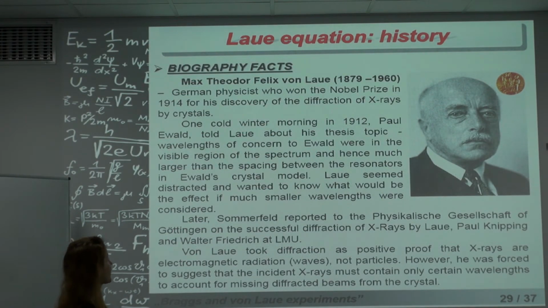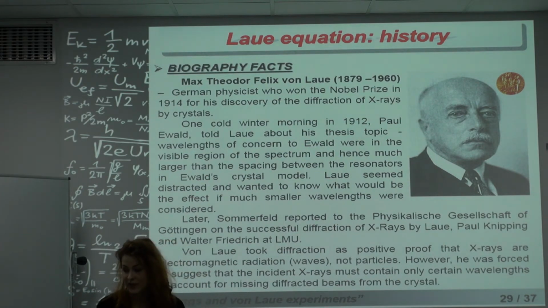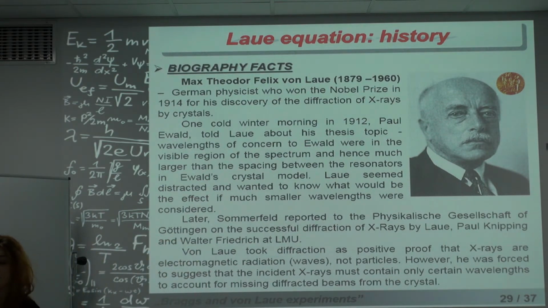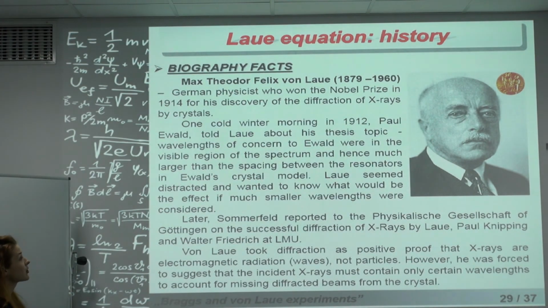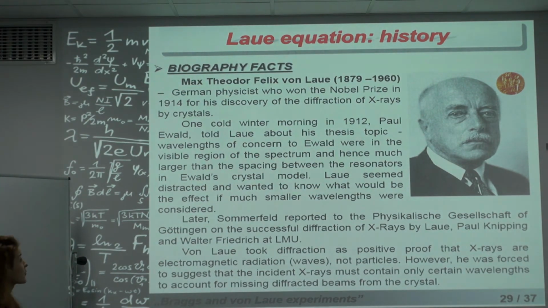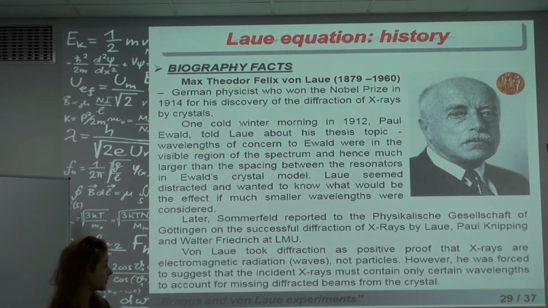Just a quick overview of the experiments that were done by Max Theodor Felix von Laue. This is one more German physicist who was also doing experiments in the field of X-ray diffraction with a crystal, and he won the Nobel Prize for the discovery of the diffraction of X-rays by crystals in 1914.